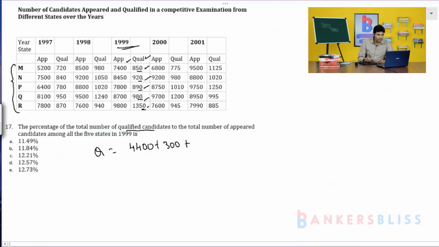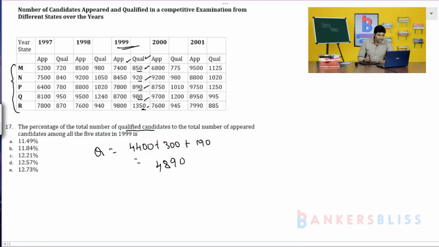Okay, so 50 plus 20 is 70, 70 plus 90 is 160, 160 plus 80 is 240... 140, 140 plus 50 is 190. So how much are you going to get at the end of the day? 4890 you got.